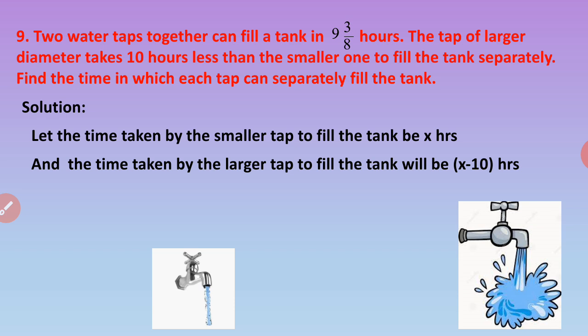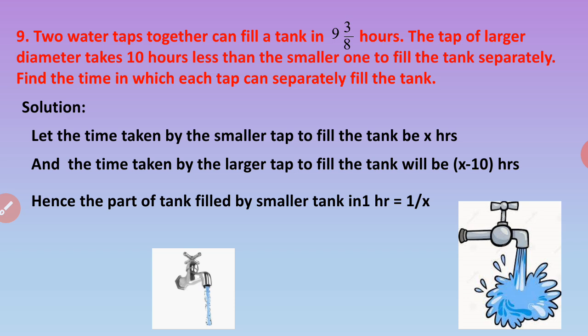Okay, with this, we are now going to convert this into 1 hour job of each of the taps. The smaller tap is taking x hours to fill the entire tank. So in 1 hour, how much tank will be filled? It will be 1 upon x, that much part only. Let me take another example. It is just like work and day type of question.